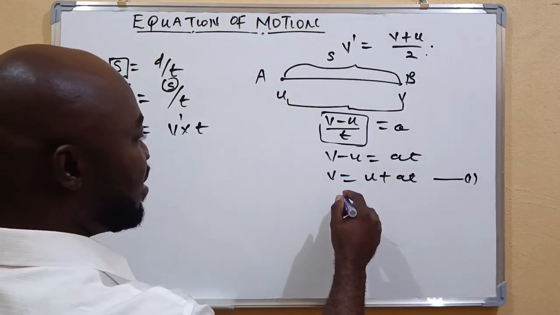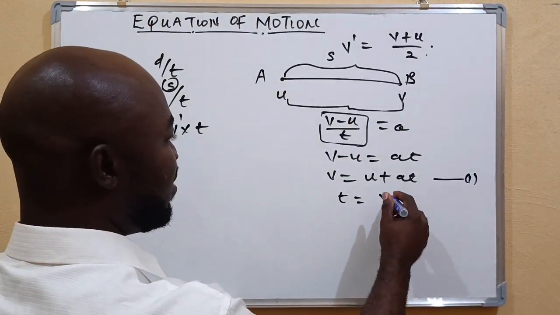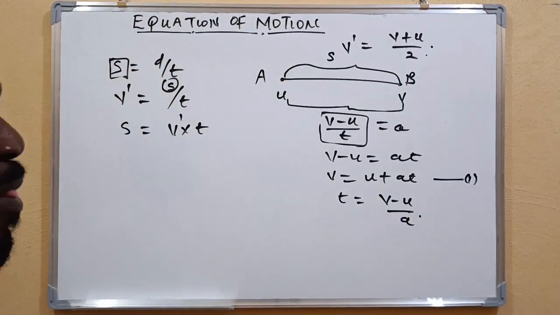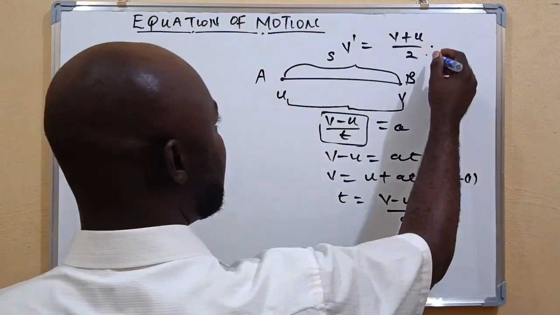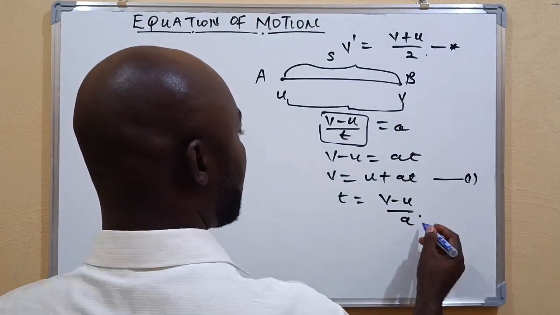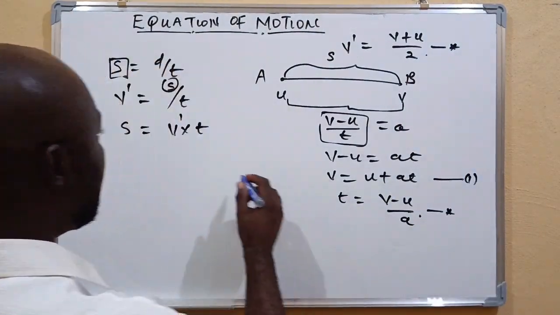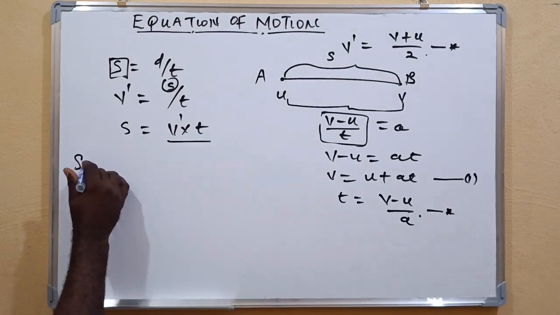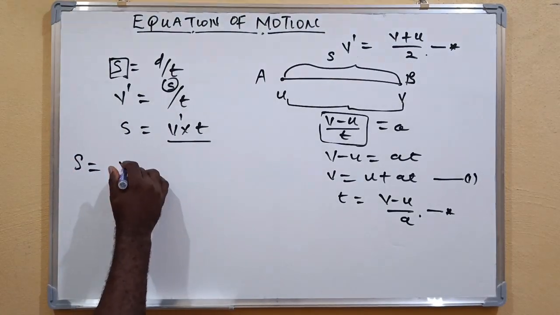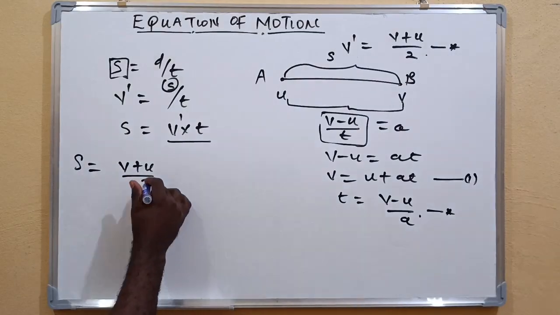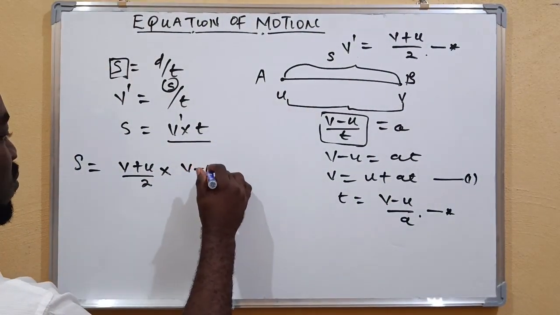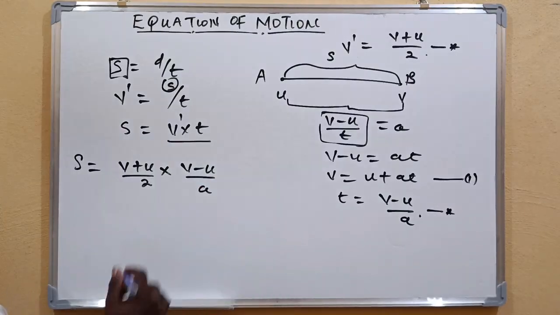So from this place now, my t will be v minus u divided by a. So that becomes my t. So I will now substitute my average velocity, this equation, and this equation into this formula. So my distance now will be average velocity v plus u divided by 2 multiplied by v minus u divided by a.